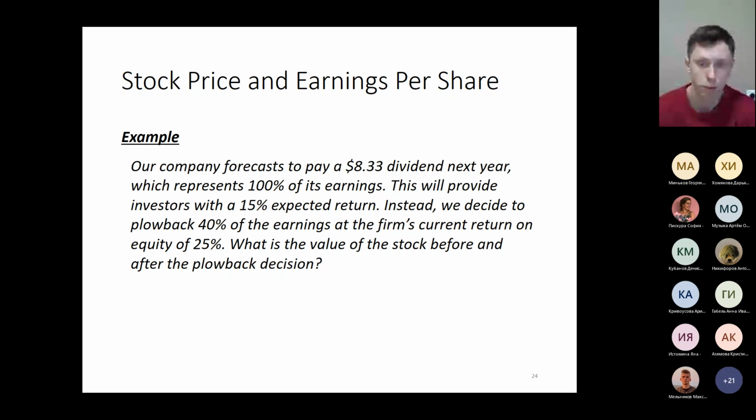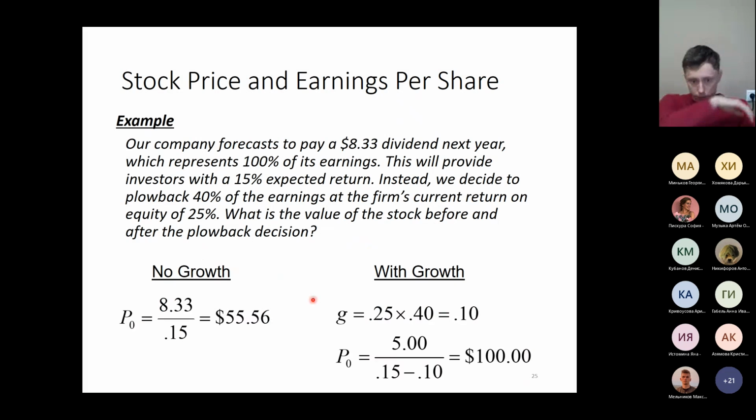This would provide investors with a 15% return. Alternatively, we can reinvest 40% of the earnings back into our business, which will generate 25% per year. What is the value of the stock under the 2 plans? Let's consider.